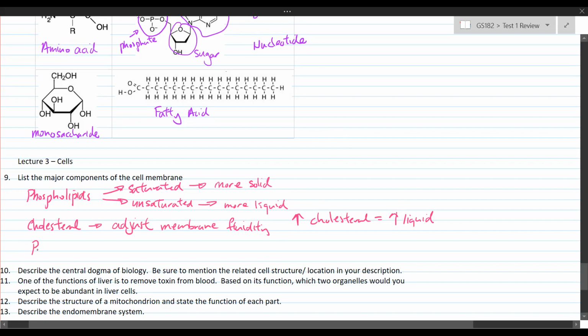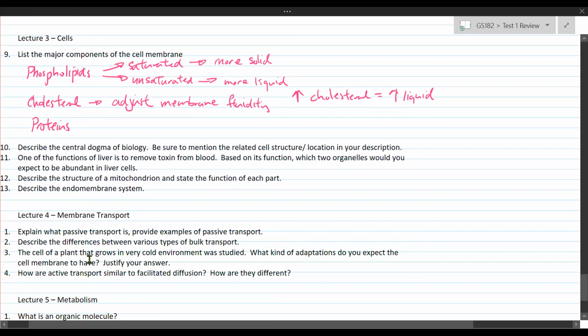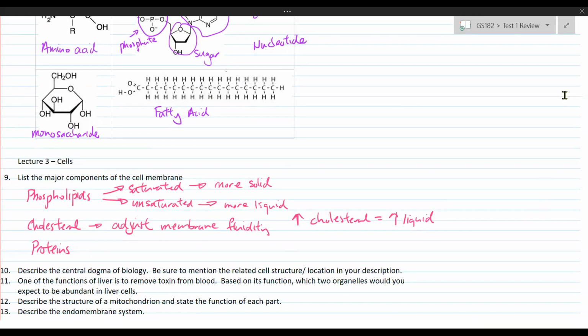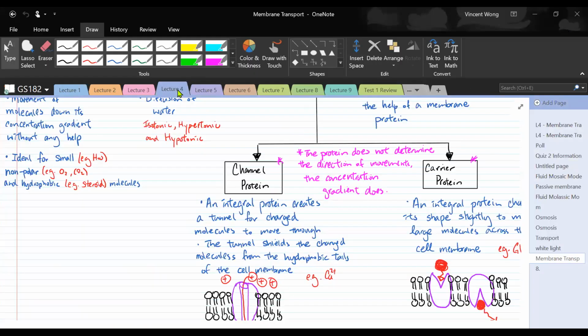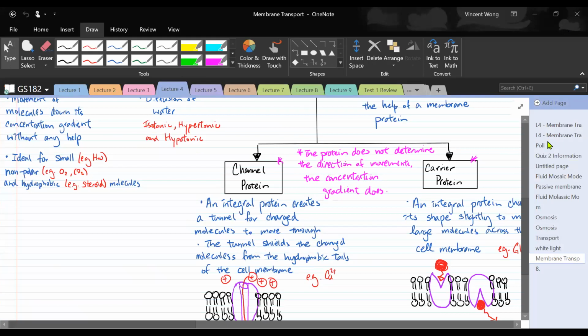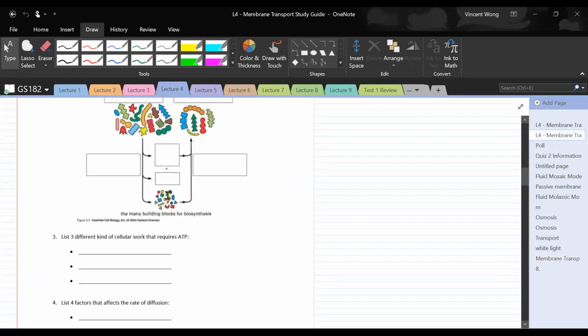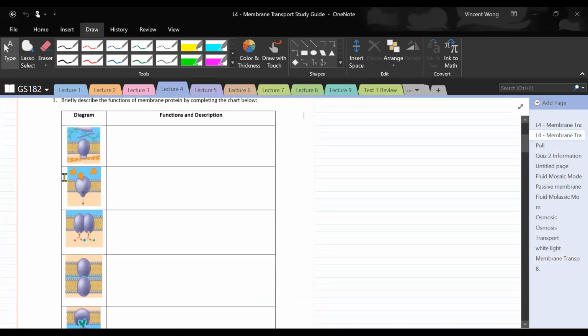There are proteins. Proteins have various functions. I think we might have a question coming up, but in the lecture, do you guys know what I'm talking about? It was lecture 4, I think. There is this table, right? That talks about all the functions.